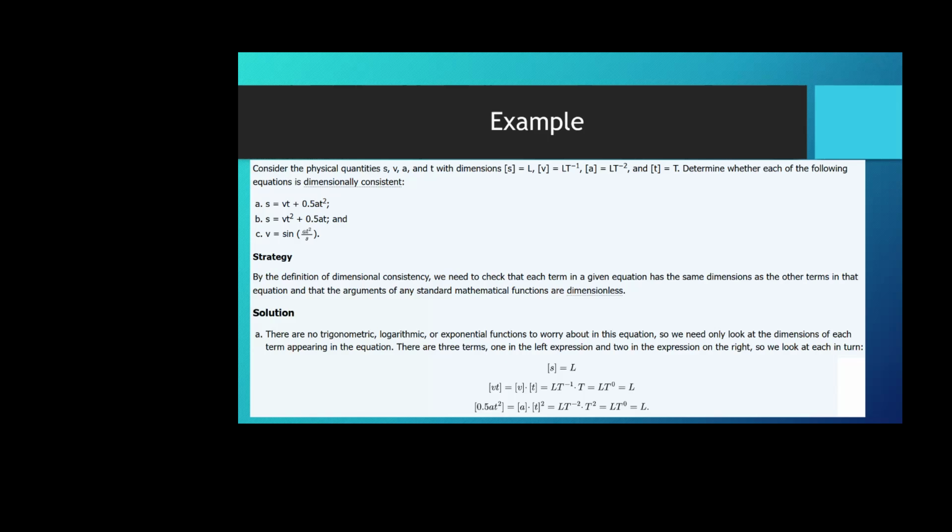Because of your calculator. Some people put the calculator in radians, and then you put these values here, and you will get wrong results. Or some people, vice versa, have the calculator in degrees and they put pi.